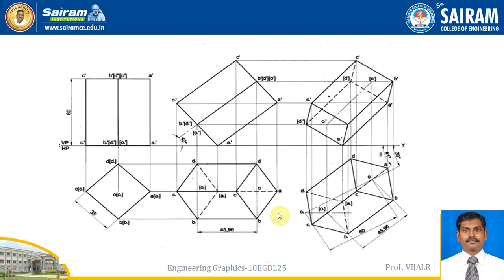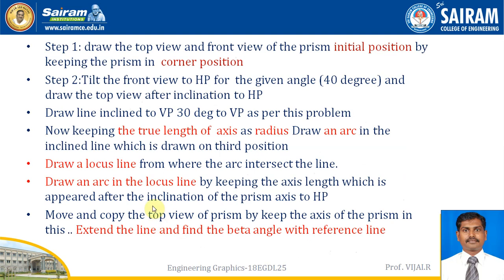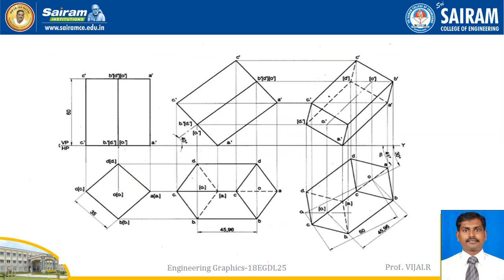So for the third one, when we are drawing the inclination to HP and VP, we have to concentrate on a locus line. Okay, the locus line, how to draw the locus line? First we have to measure the true length of the axis and then go forward. In projection of planes also we have seen the diagonal we drew by selecting the original diagonal and inclined diagonal measurement.